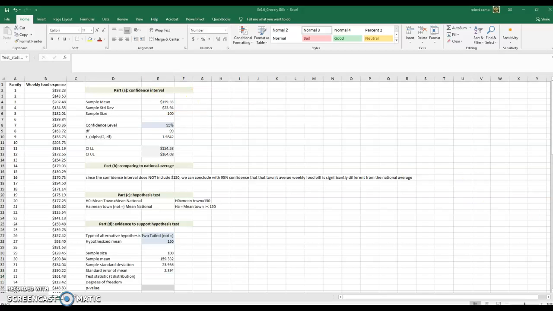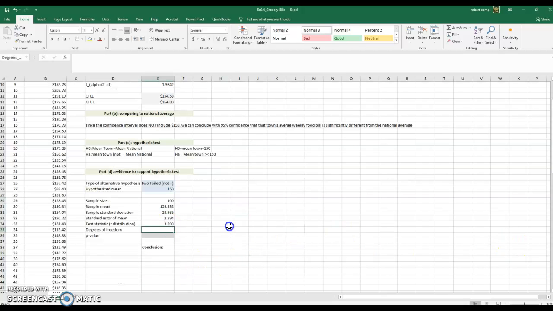Now we're going to test our t distribution, so we have to calculate our t value. We take our sample mean minus our hypothesized mean, divided by the standard error of the mean. That gives us a t-value of 3.899.